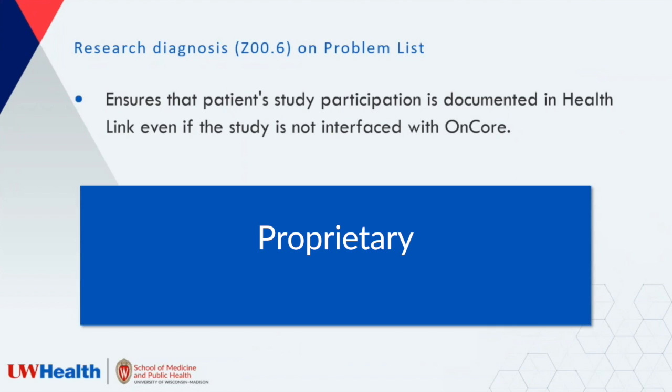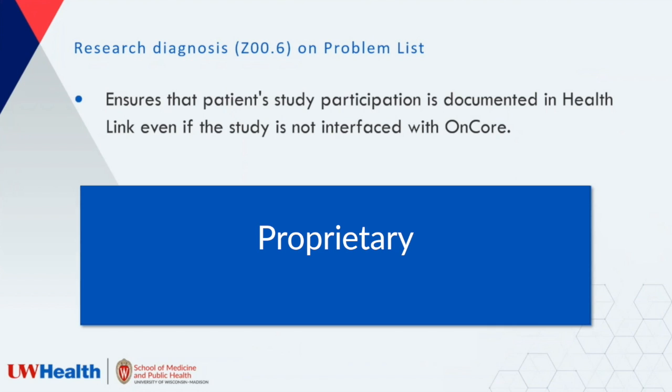As many of you on the call might know, Encore is our clinical trials management system, and we're lucky here that it can interface with HealthLink and bring some of the patient and study association information from Encore into HealthLink. But not all studies use Encore and can do that. So this workflow ensures that we have consistent documentation on the problem list of all patients' participation in research.